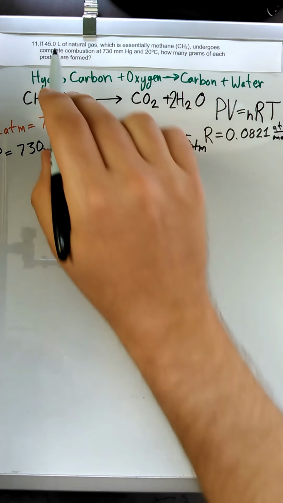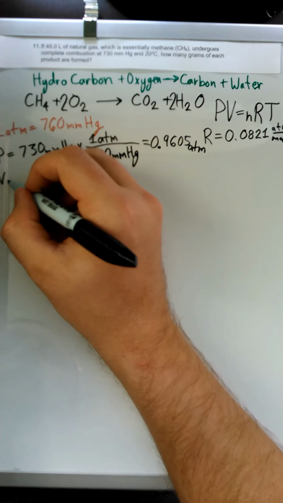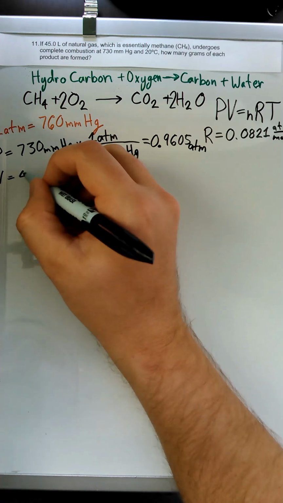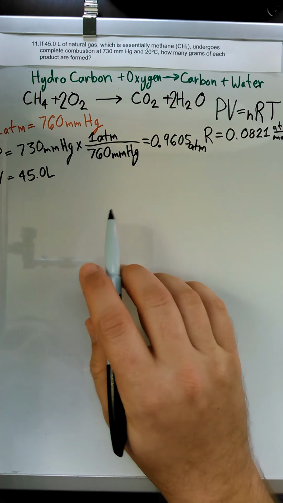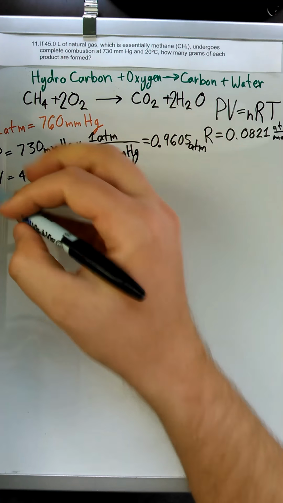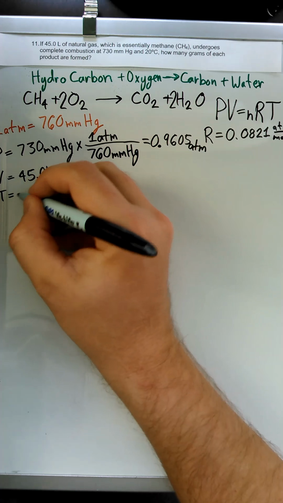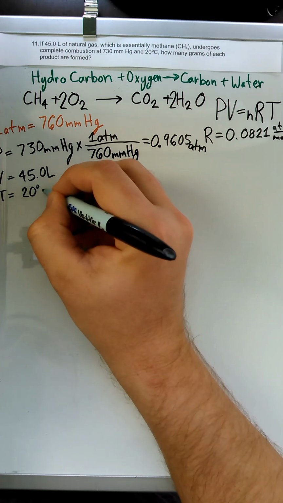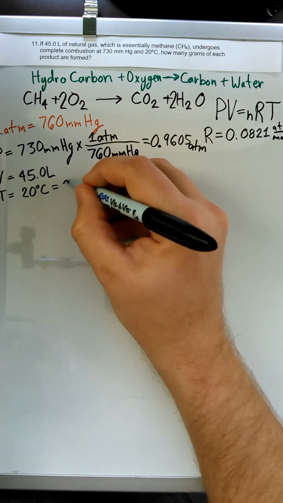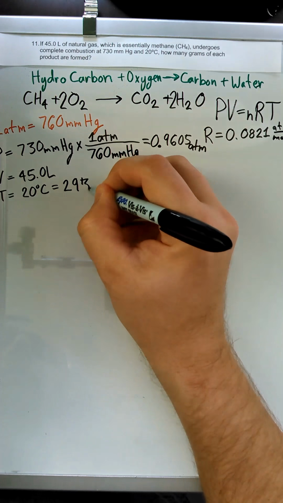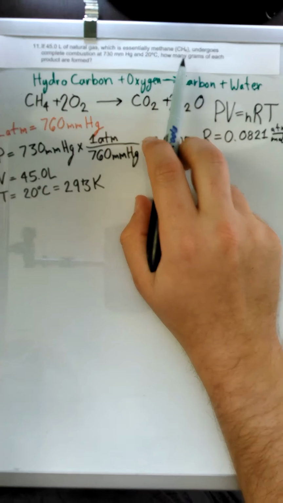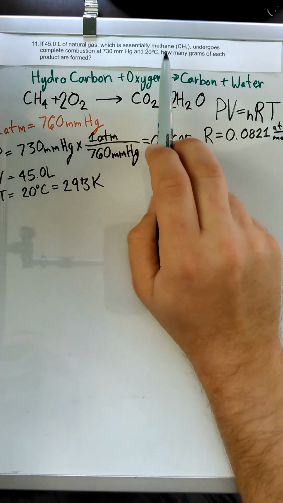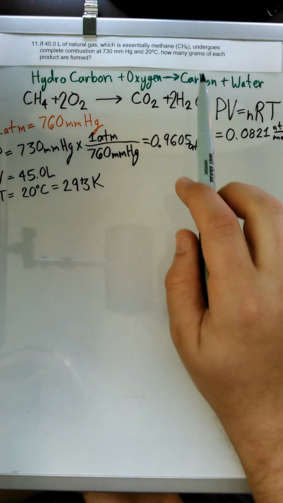We're given a volume for our methane of 45 liters, and a temperature of 20 degrees Celsius, which, if you'll recall, we can add 273 to get 293 Kelvin. How many grams of each product are formed is the question asked. So we're going to do some stoichiometry here.